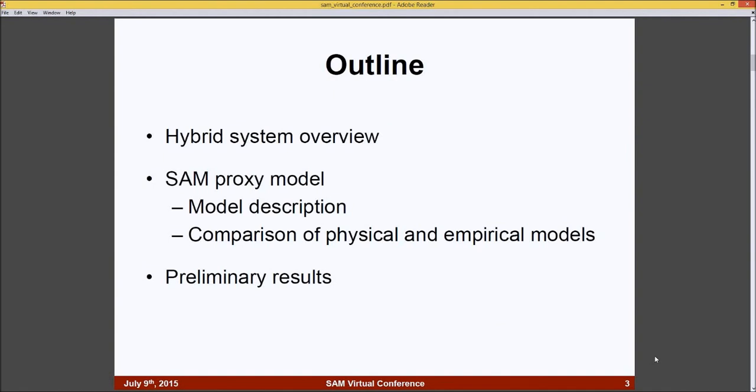So just some quick motivation to this work, to these hybrid systems. Hybridizing solar thermal and natural gas power, as I'm sure a lot of you know, brings about the opportunity to attempt to exploit the advantages of both of the systems while mitigating some of the disadvantages.